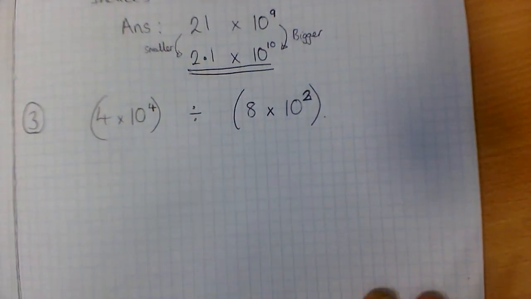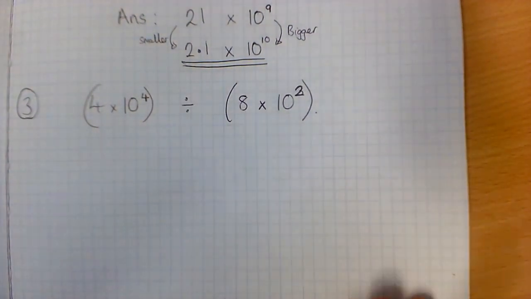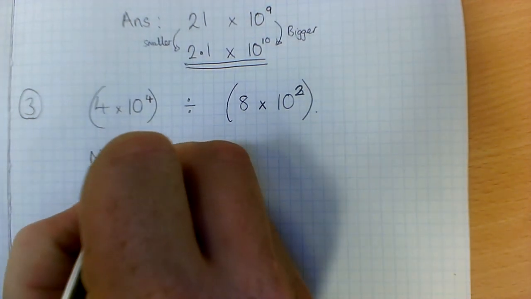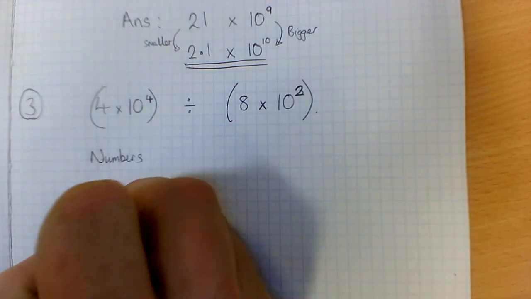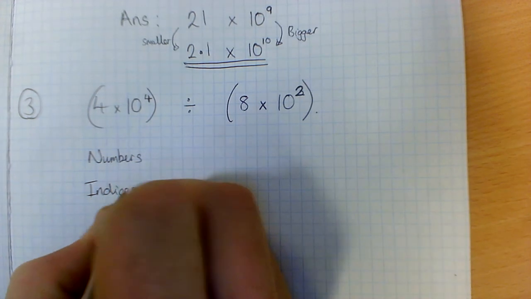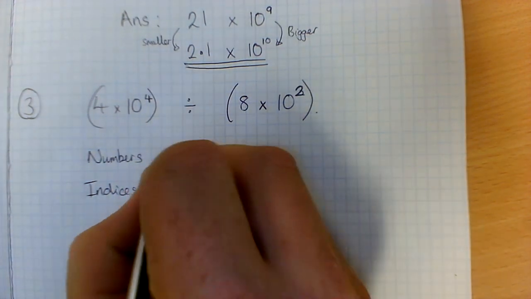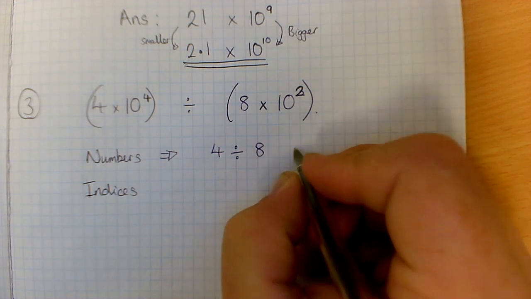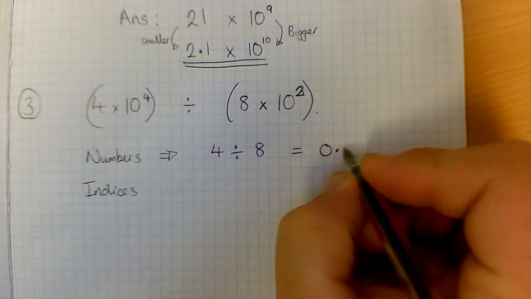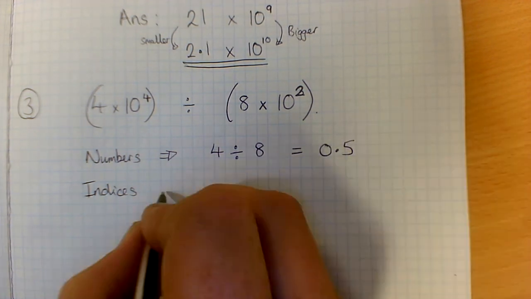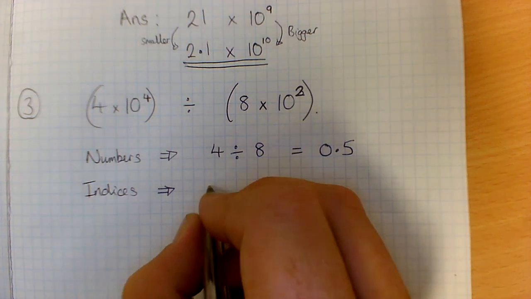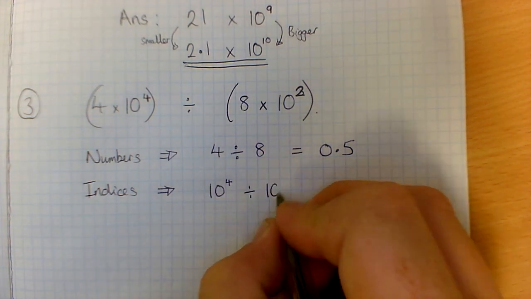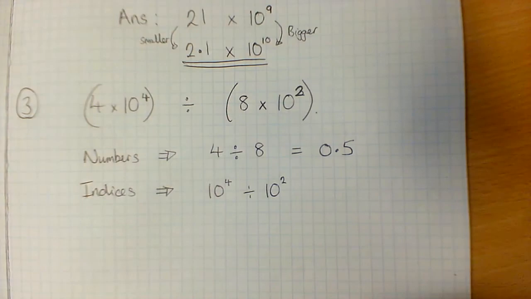With division, everything is done exactly the same way. We deal with the numbers first, and we deal with the indices afterwards. So the numbers, I've got 4 divided by 8, which is 0.5. With the indices, I've got 10 to the power 4 divided by 10 to the power 2.